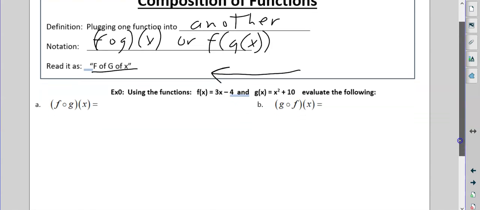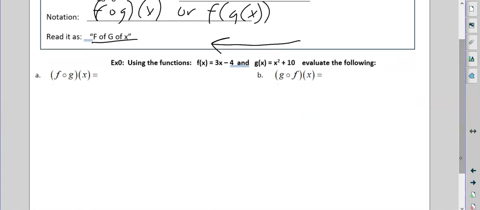Okay? So on the first one, it says we're using 3x minus 4 for f of x, x squared plus 10 for g of x. So we're going this direction, which means we're going to plug g into f. All right? So what that means is we're going to take f of x, which is 3. We're going to take the x out and put g of x in there.